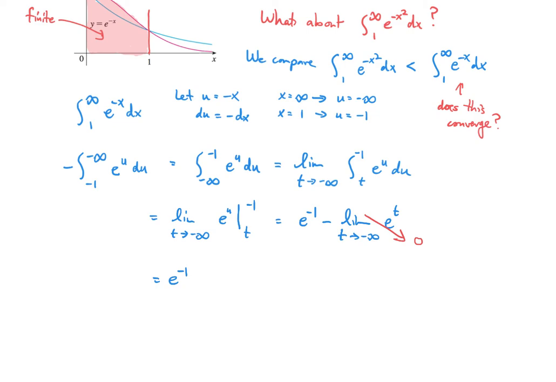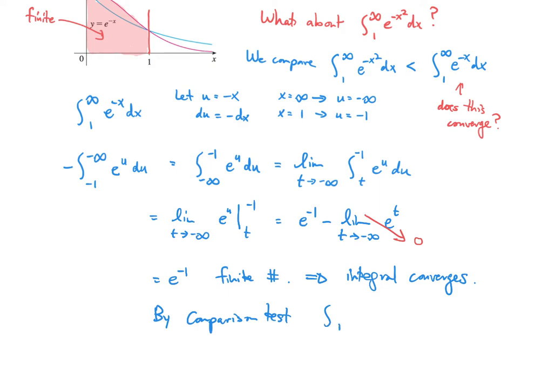This is a finite number, which means the integral converges. Okay. So by the comparison test, the integral from 1 to infinity e to the negative x squared dx also converges.